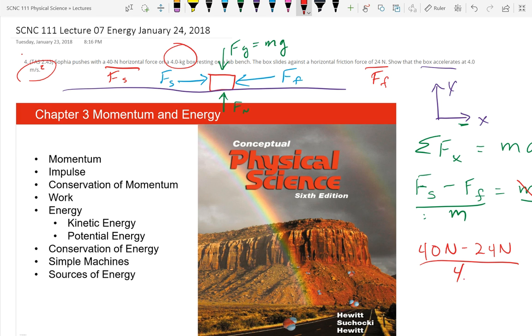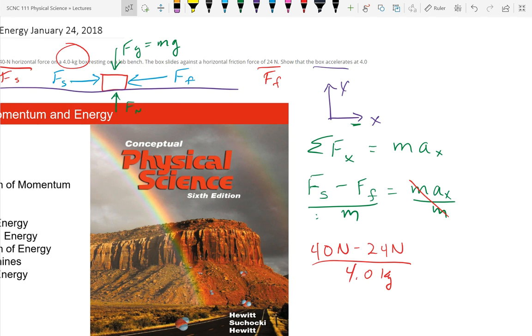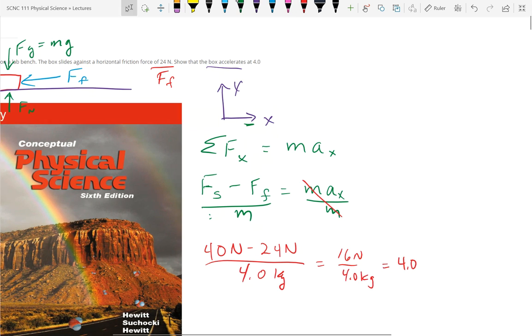So over 4.0 kilograms. And so now we just do our math. 40 minus 24 is 16. 16 divided by 4 is 4. So what are the units?